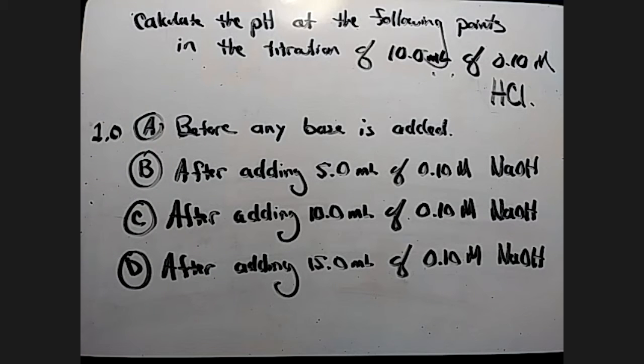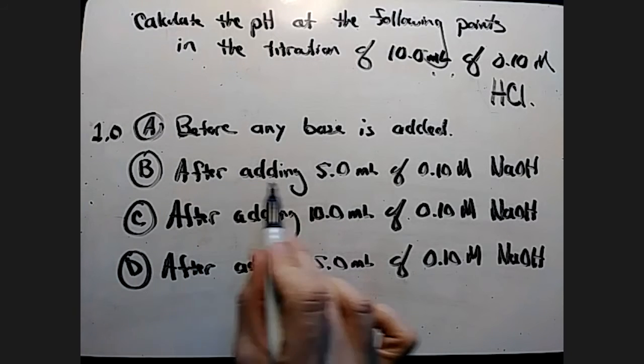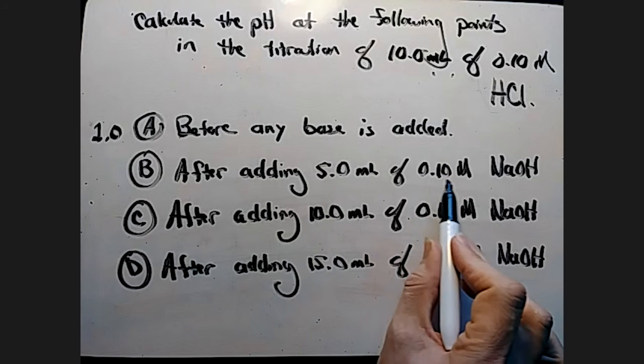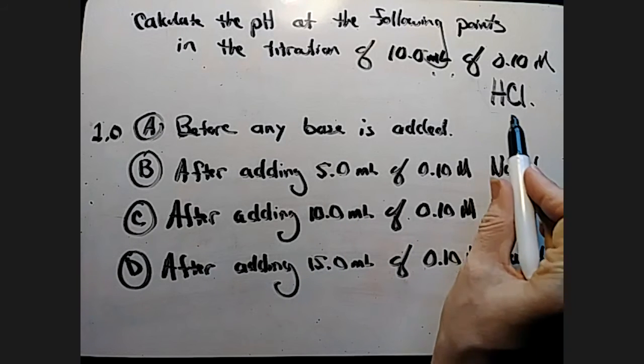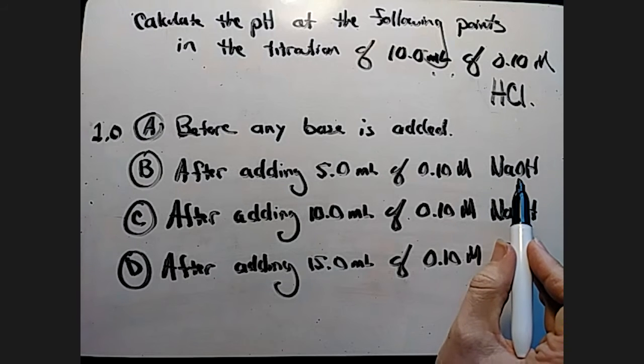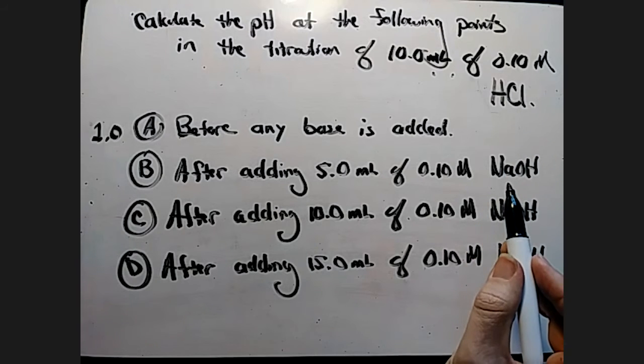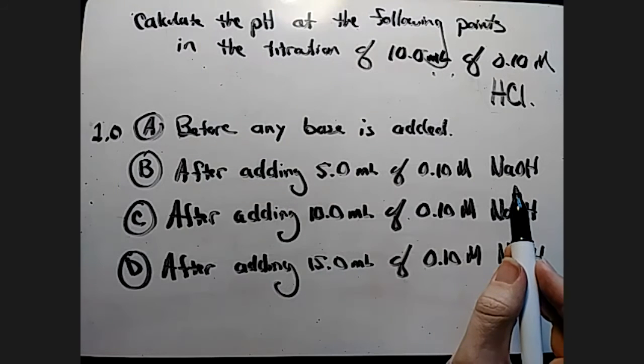All right, well, things are about to get a little bit more interesting because now we actually start the titration. So at point letter B here, we're going to add in 5 milliliters of 0.1 molar sodium hydroxide. Now I'm going to have two chemicals present on the inside of my container, HCl and NaOH. Whenever you have more than one chemical present, you need to think, is a chemical reaction going to happen?